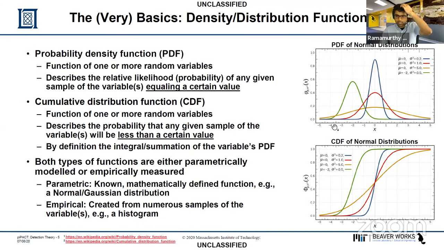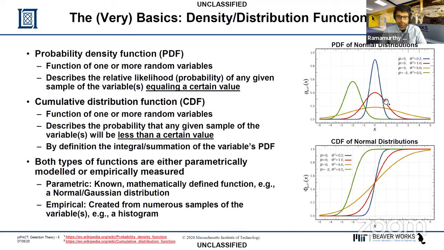On the x-axis is the value the random variable takes, and on the y-axis is the relative likelihood that the variable takes that value. The mean of the distribution, or the average, which is this peak here, is the most likely value, while the values that have lower probability are less likely.